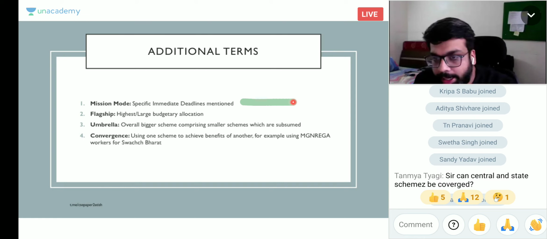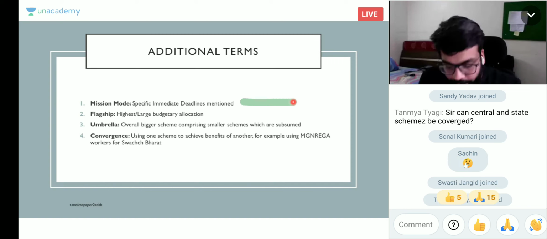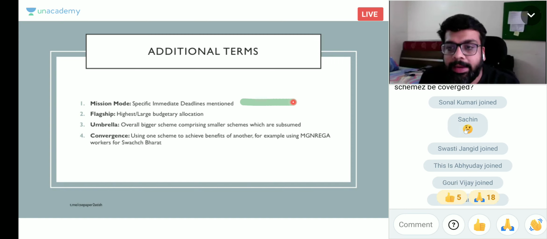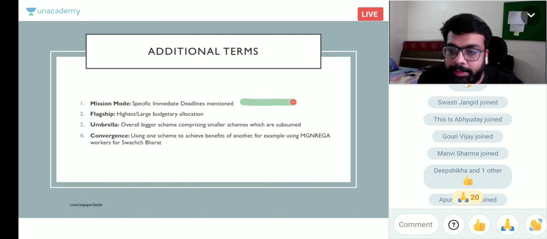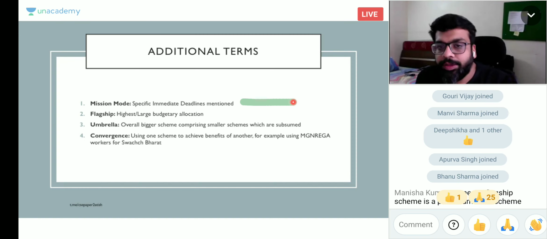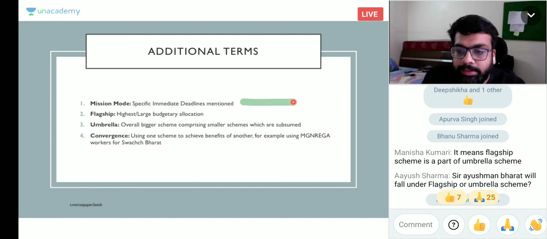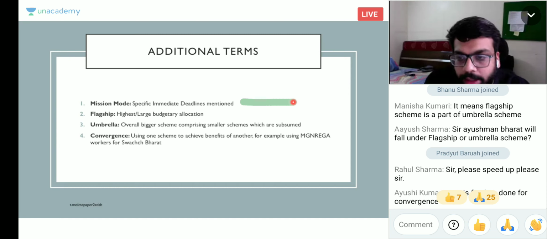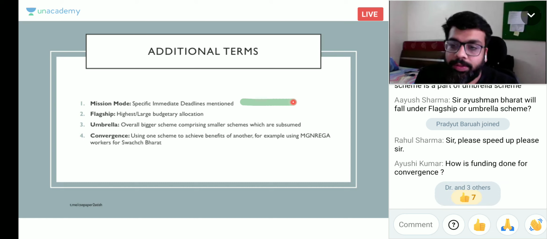I'll explain convergence once again. So, convergence means if schemes can help each other out, no matter what the scheme is, you can work together, you can make them work for each other, you can take the benefits of one and use it for the other. Classic example I gave you is you can use MGNREGA workers to construct, let us say, toilets for Swachh Bharat.